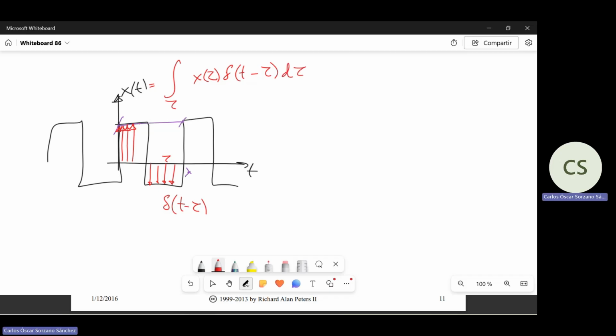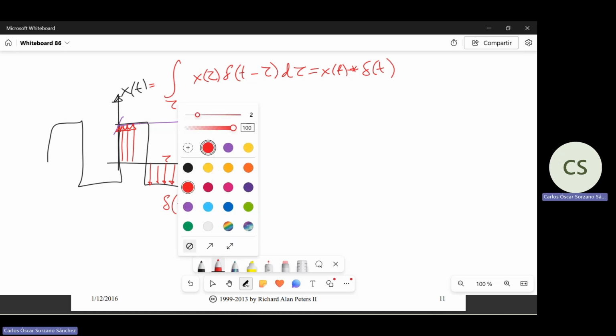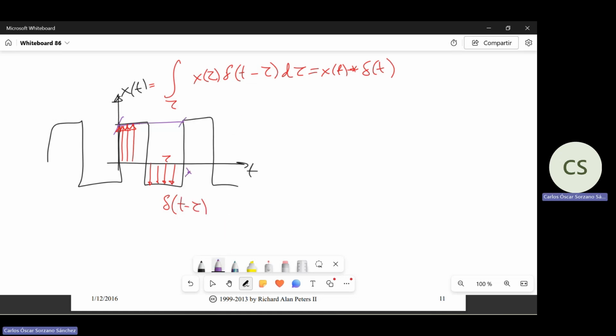Now this is correct, and this you already know, this is the convolution. And this is one of the trivial properties, right? x of t convolved with delta t is this thing. Okay, but now let's look at this.